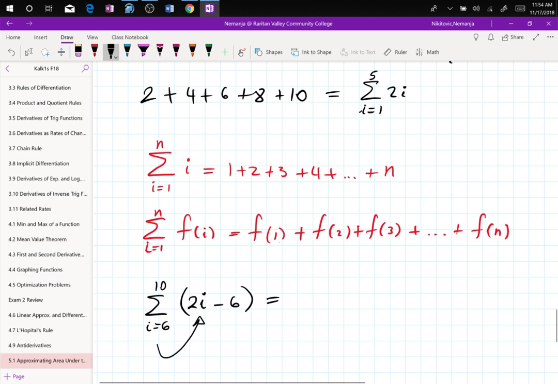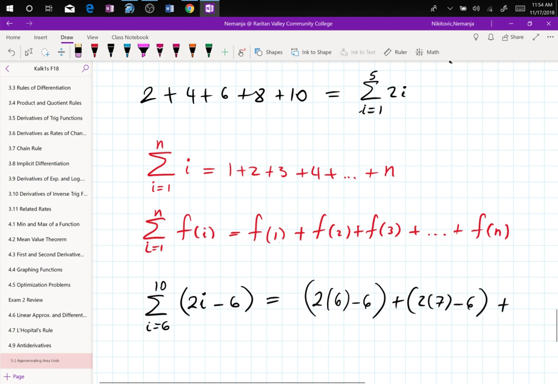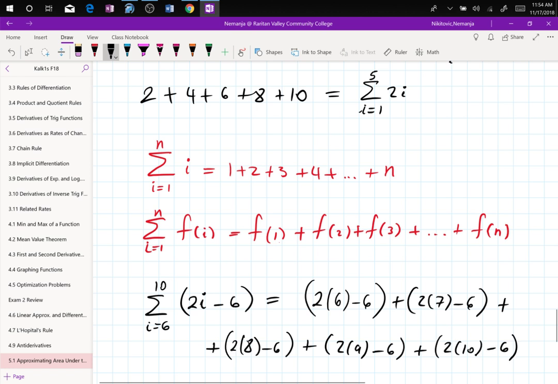Yeah, so we are plugging in values here. So what's the first one? 2 times 6 minus 6 is the first one, plus 2 times 7 minus 6 is the second one, plus 2 times 8 minus 6, plus 2 times 9 minus 6, plus 2 times 10 minus 6.